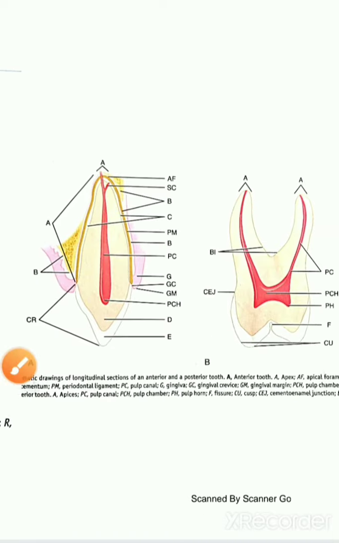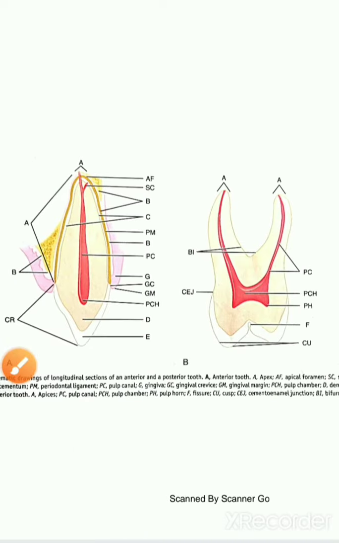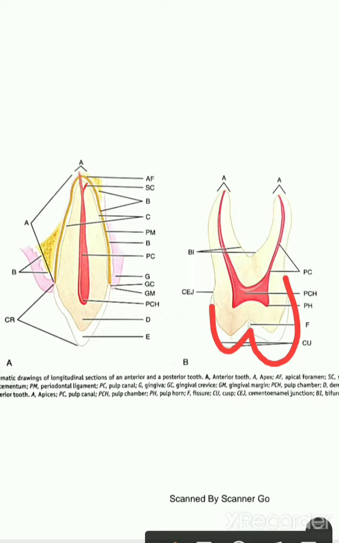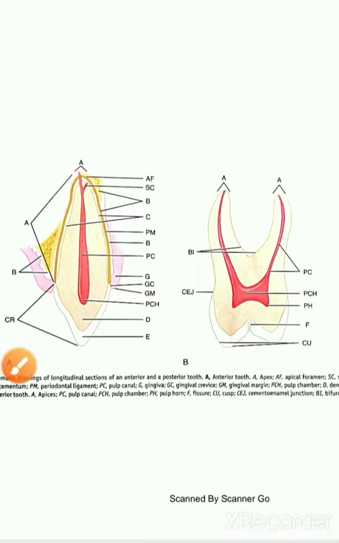When it comes to posterior teeth, we usually have bifurcation or trifurcation roots for the molars, and these are the cuspal edges. We have cusps, and the deep depressions are fossae.